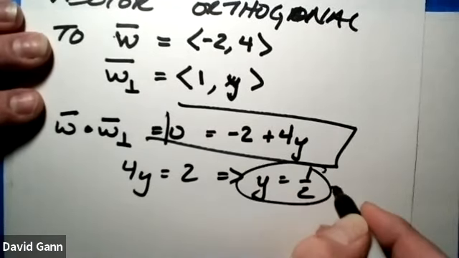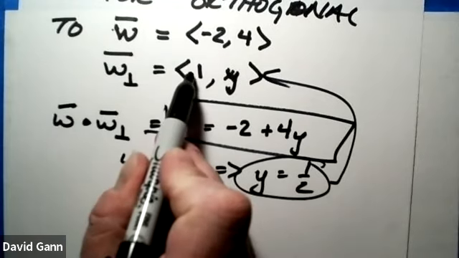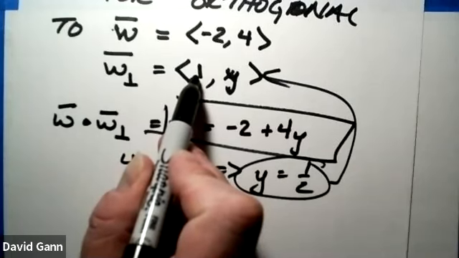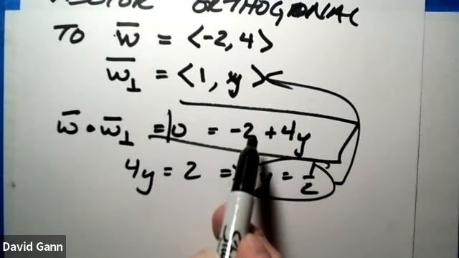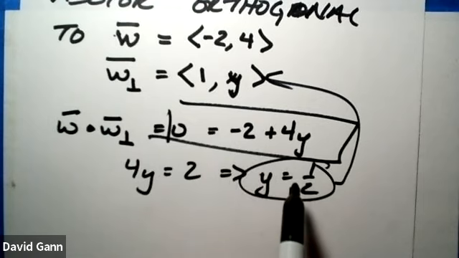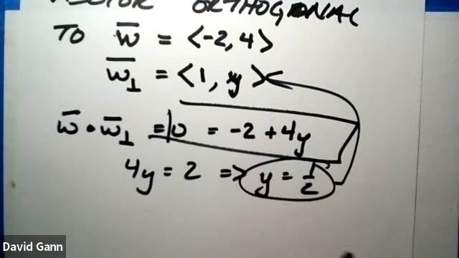And if we put this y back up in here, you now have an orthogonal vector. It's not the only one, because there's a choice of whether we have a positive or negative number here. If we'd chosen -1, we would have ended up with y equal to -1/2, which is sort of the mirror image of those two vectors.